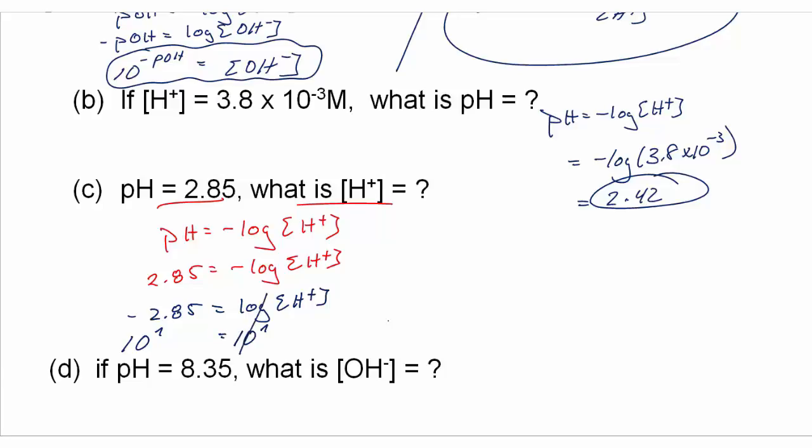So then the 10 and the log cancel out. Okay, so we have 10 to the negative 2.85 is our hydrogen ion concentration. So what does that equal? So 10 to the, I'm just using the x to the y button, 2.85, make that negative. I get about 1.41 times 10 to the negative 3.